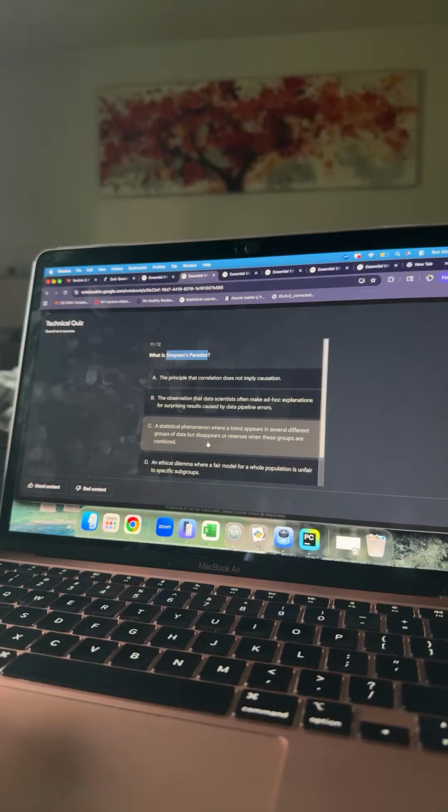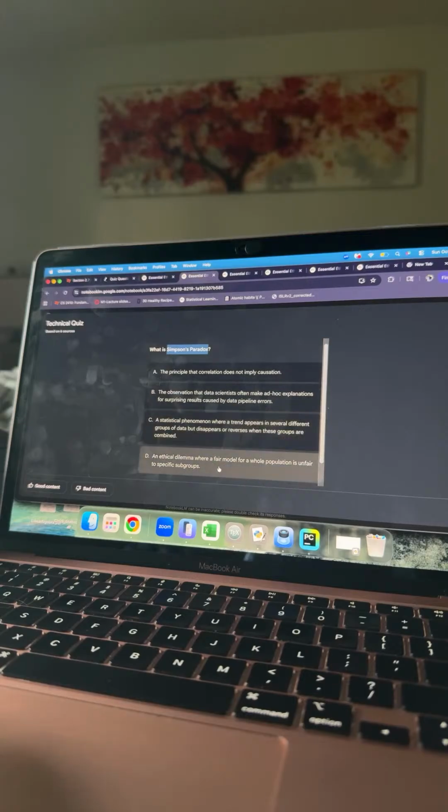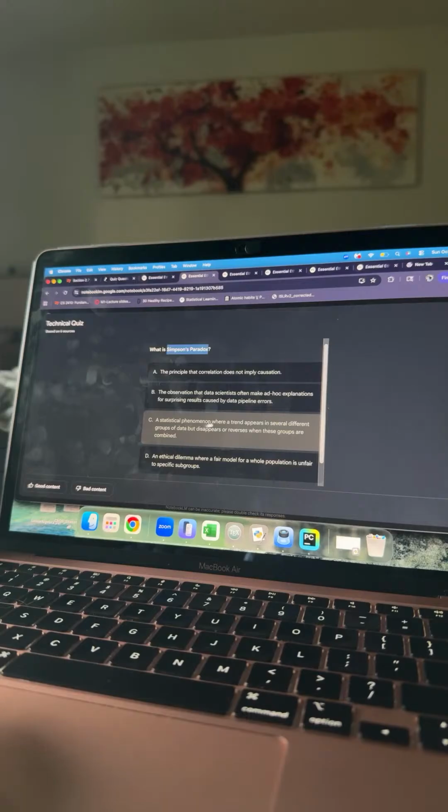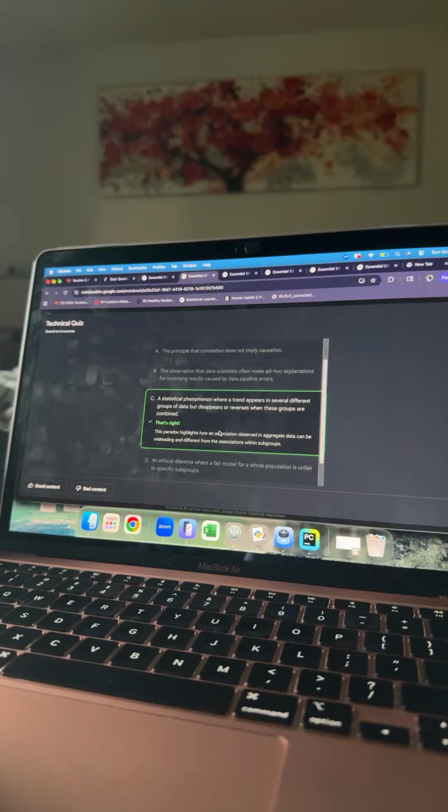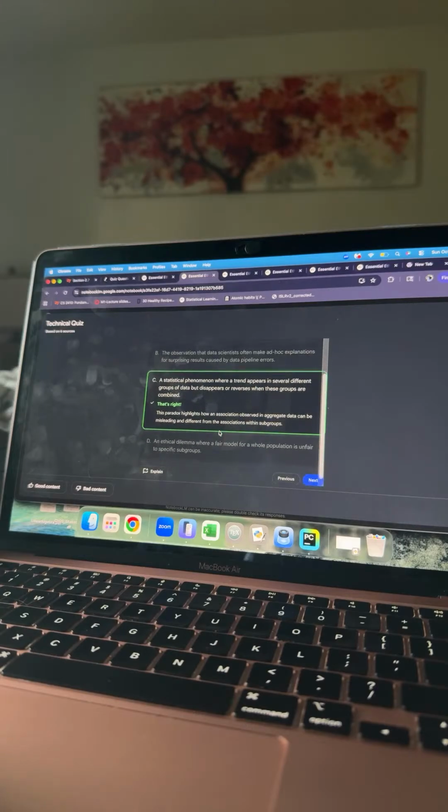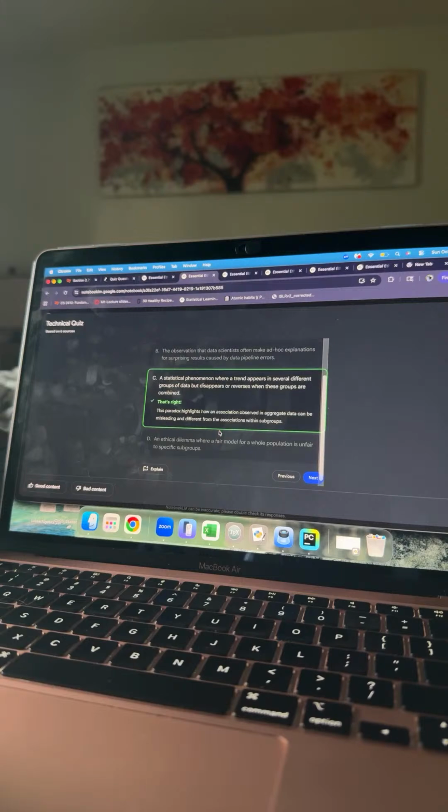I think it's C, right? Because an ethical dilemma is not it. A statistical phenomenon where a trend appears in several different groups of data, but disappears or reverses when these groups are combined. Yes. This paradox highlights how an association observed in aggregate data can be misleading and different from the associations within subgroups.